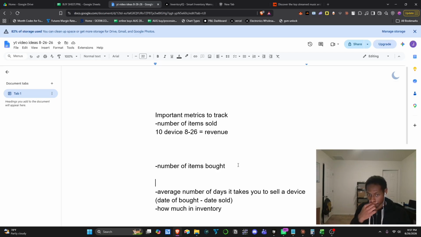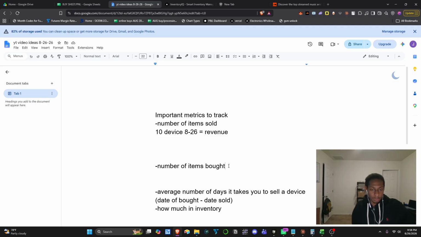Then you know that you need to adjust accordingly based off the items that you buy. So you know that you need 10, so you need to buy 10 a day. The number of items bought is important as well, because let's say you didn't reach your quota today because you only bought 3 phones when you're supposed to buy 10 in order to reach the revenue goal, if that makes sense.